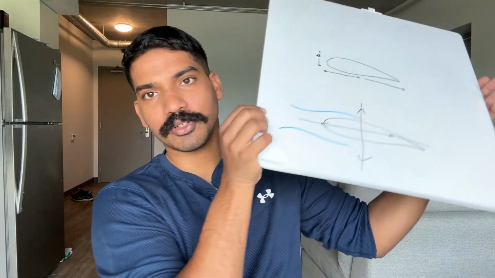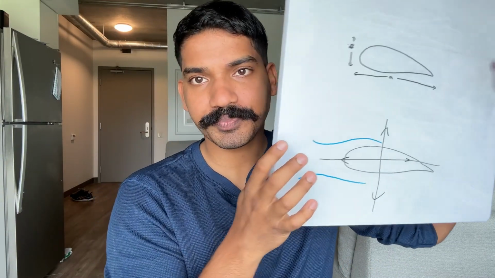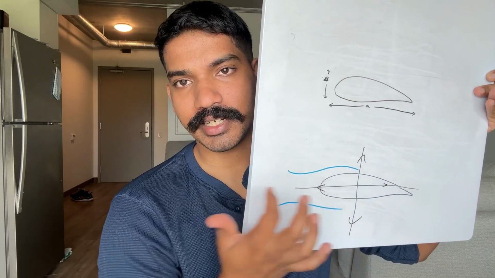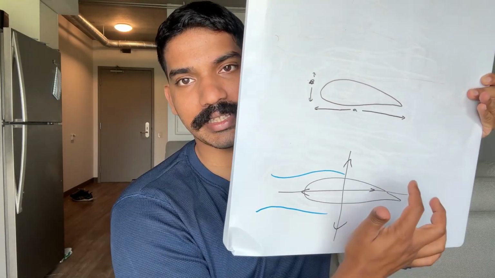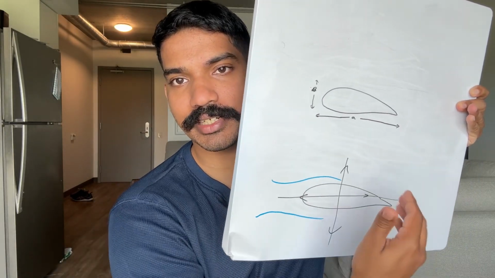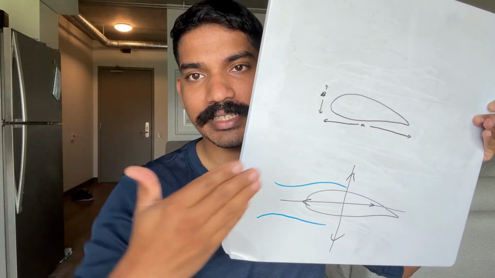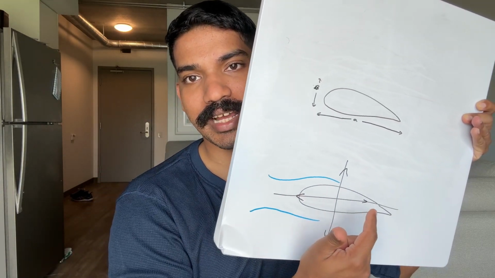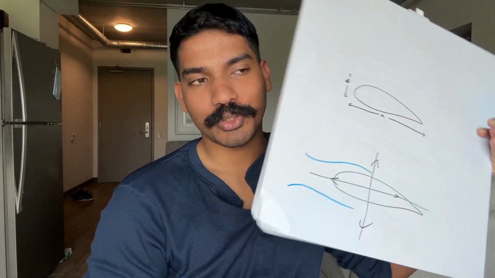Just look at the lower diagram for now. So lift, weight, thrust, which is forward motion, and there is drag. Now the aircraft is moving in this direction, moving forward, and then there is airflow coming into it. We can also say that this is drag and it is parallel to the flow of the air, right?